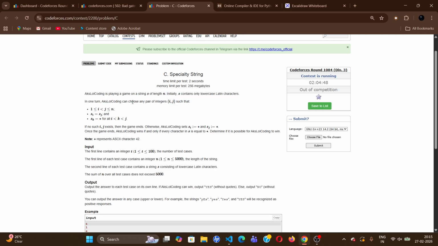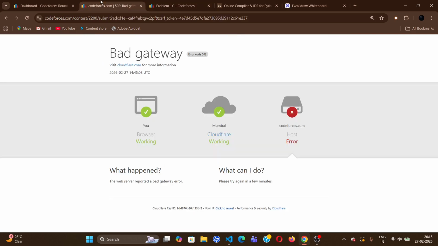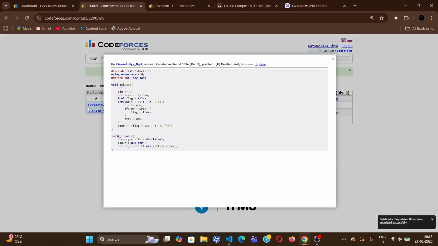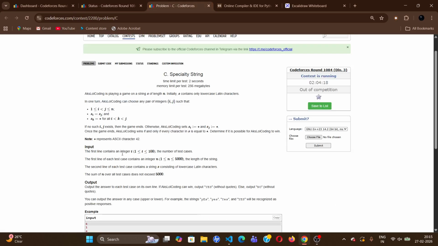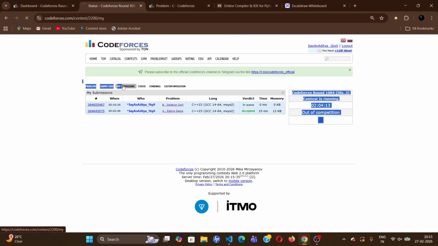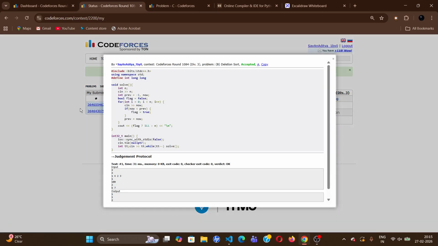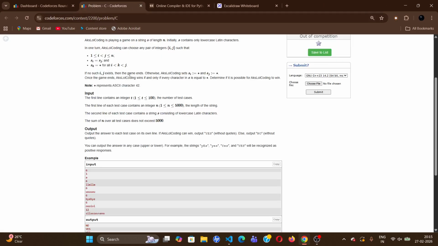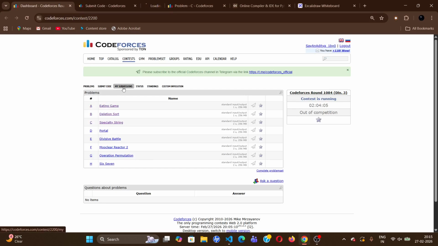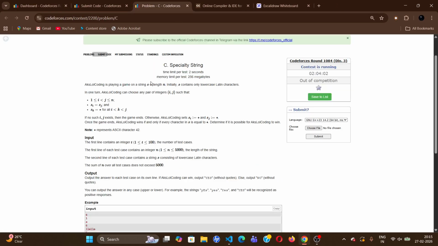In one turn, choose any pair of integers i and j such that s_i equals s_j and s_k equals star for all in-between characters.